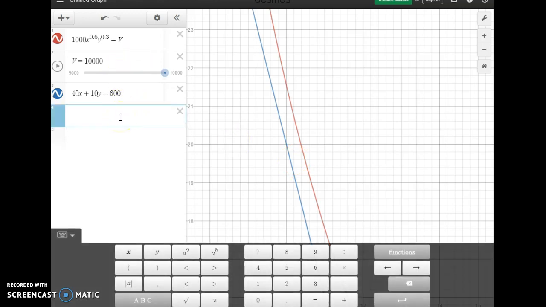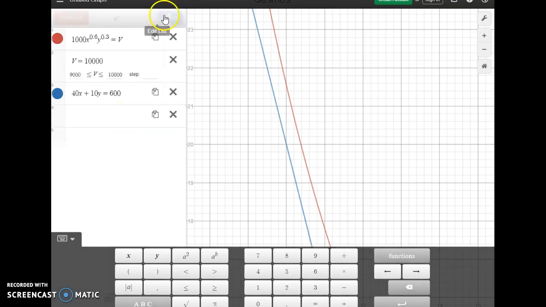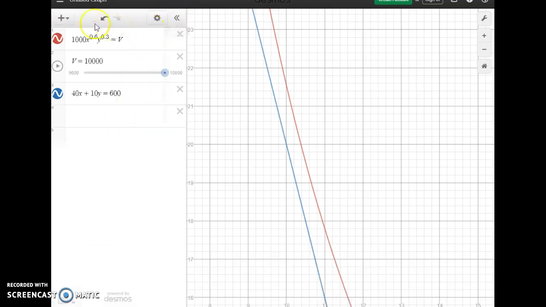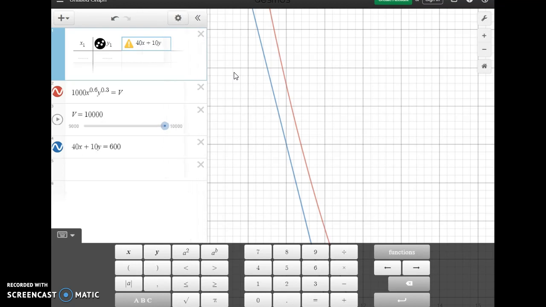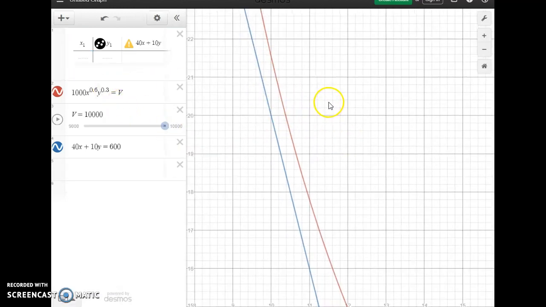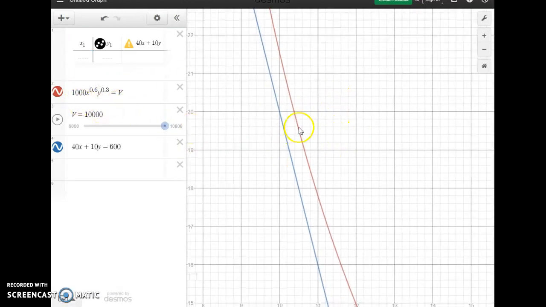So I can see that if I take a look at different values, let me do this. I'm going to insert a table, and this is going to be the number of doctors and nurses, and I know that my budget is 40x plus 10y, and I'm going to try different combinations here. Right now I'm claiming that I can get 10,000 visits, but I'm going to be way over my budget.